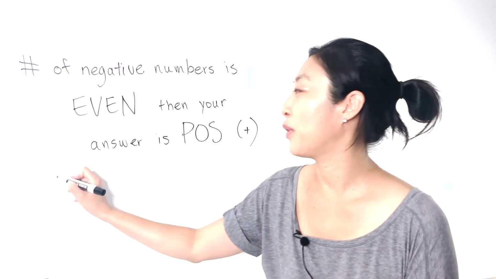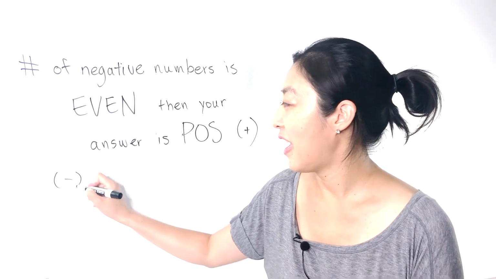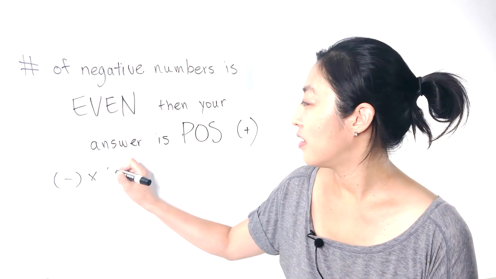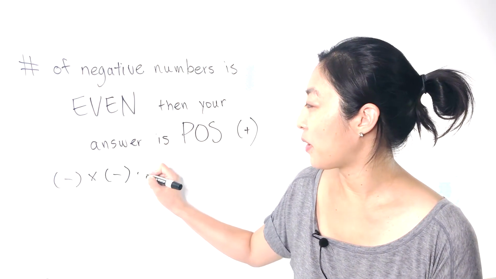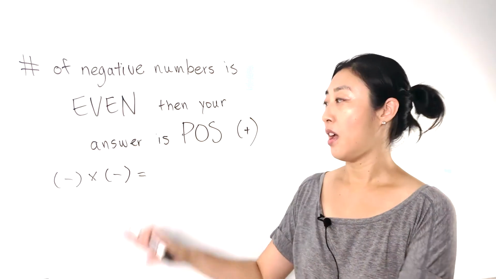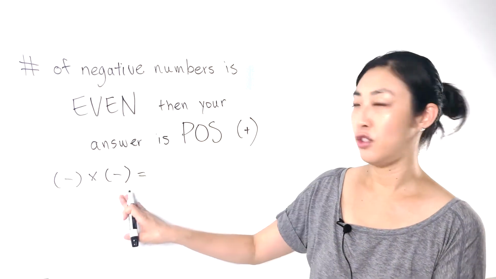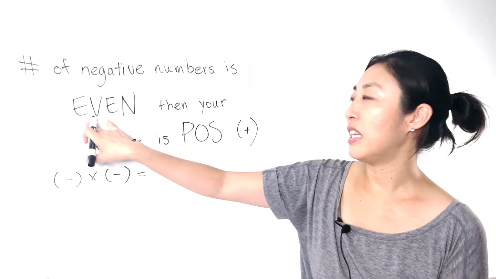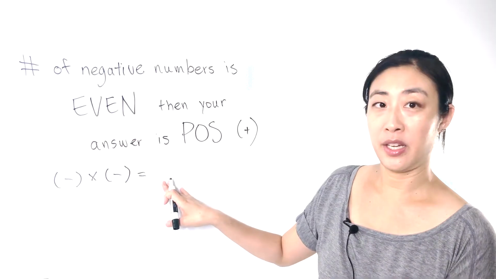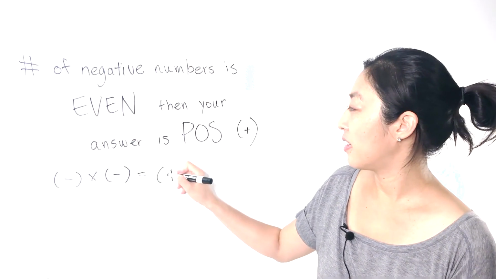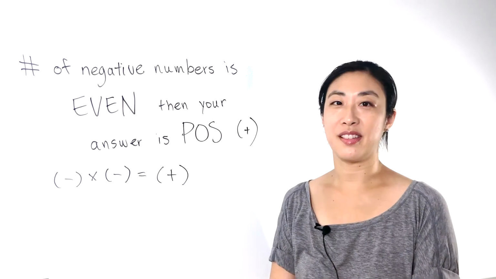So for example, you have a negative number times a negative number. How many are there? 1, 2. 2 is an even number, so we know that the answer is positive.